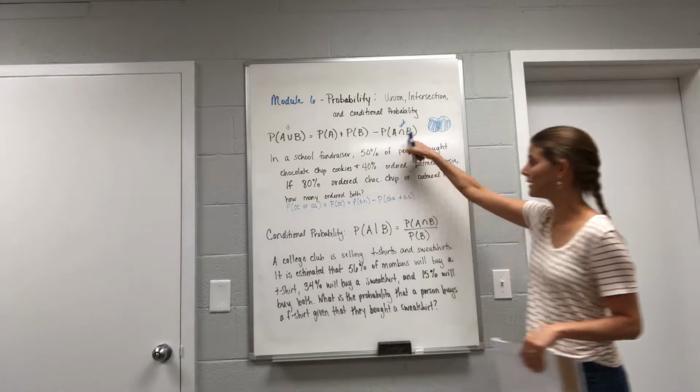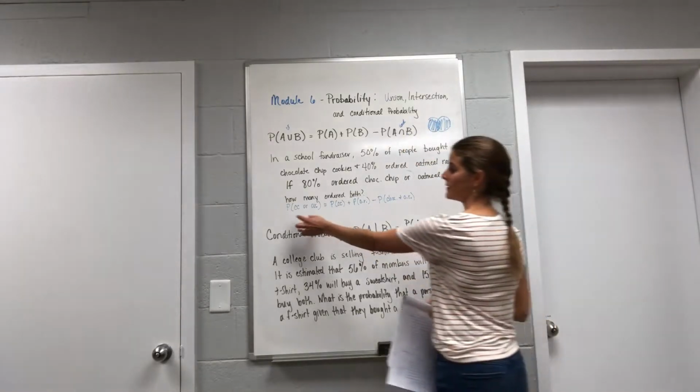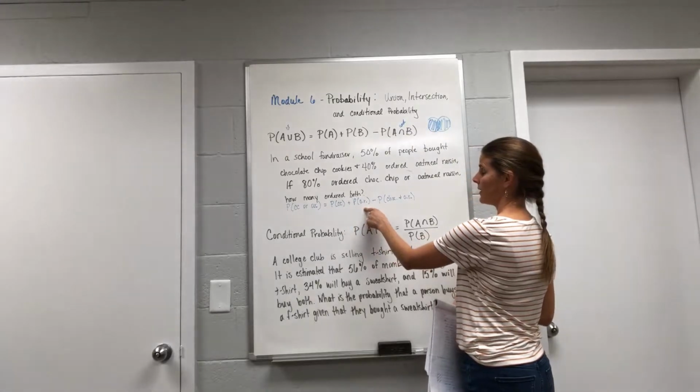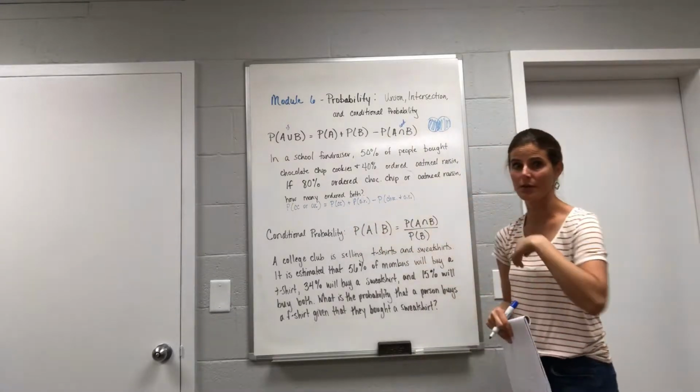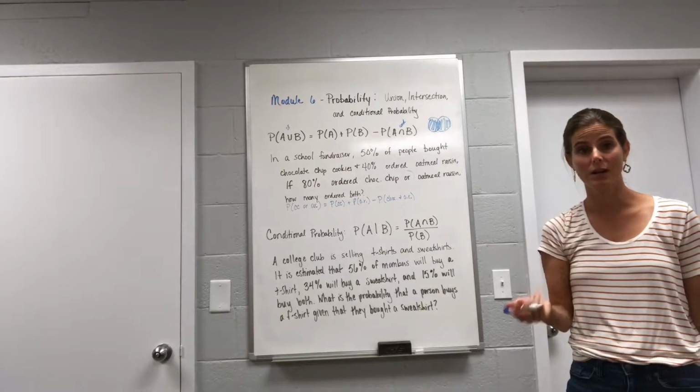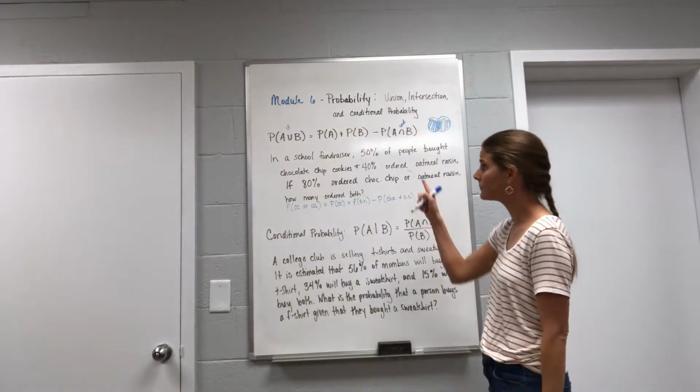So just completely following that formula: the probability that it's one or the other equals the probability that it's one plus the probability that it's the other minus the probability that it's both. All right, so I'm just going to plug this in and see what we can do. We're going to end up solving algebraically.